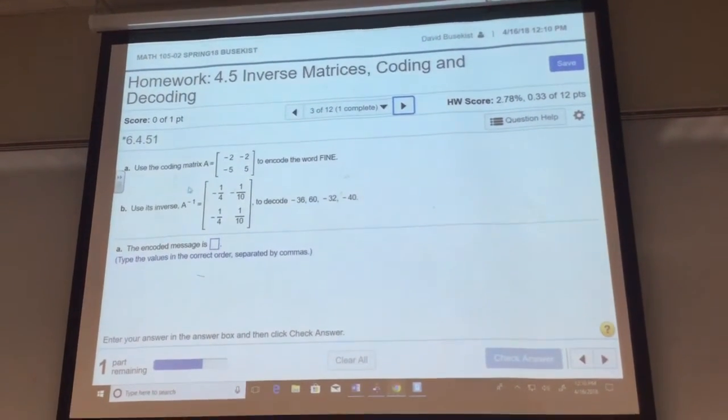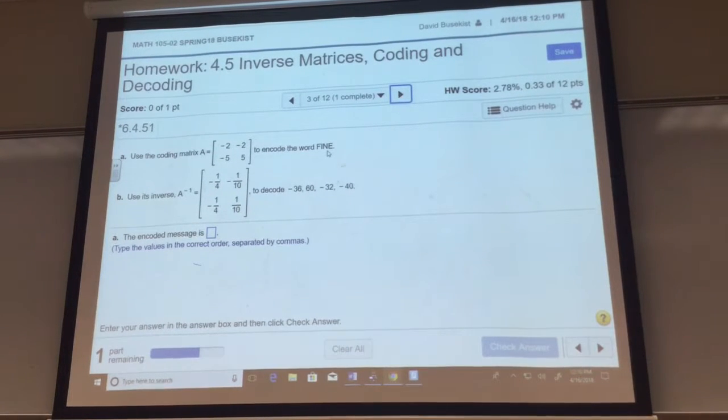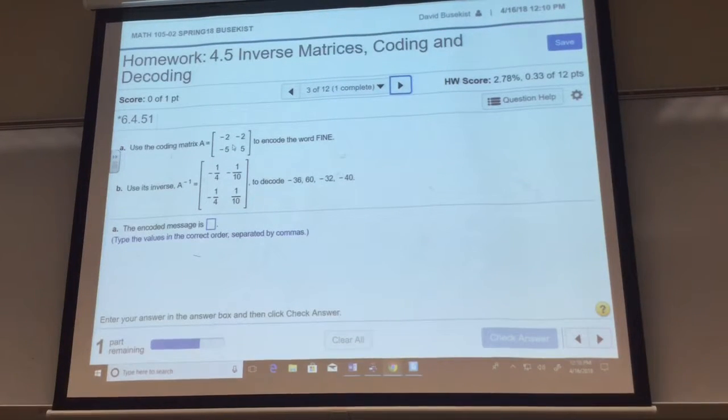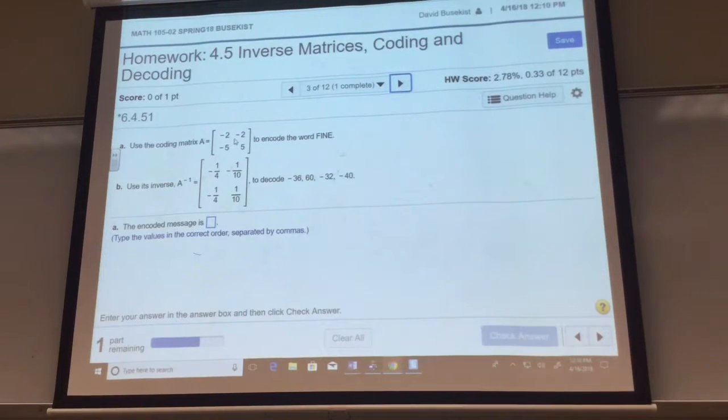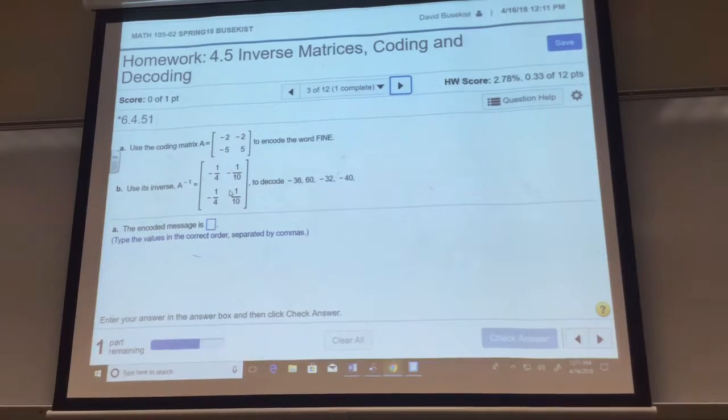Third one, use the coding matrix to encode the word "find." Use the inverse matrix. Let me make things nice for you. This matrix inverse is this. You don't need to know this. You simply need to know that this matrix inverse is this.